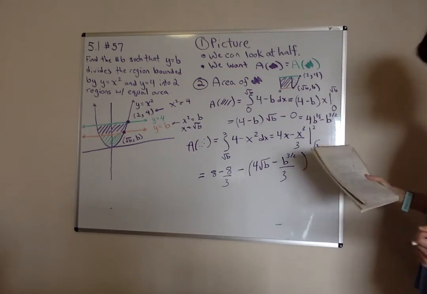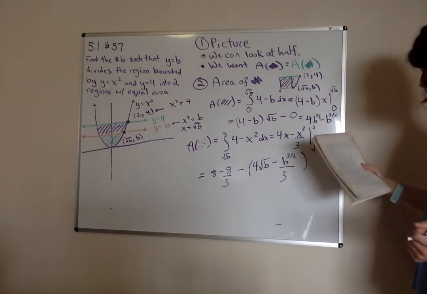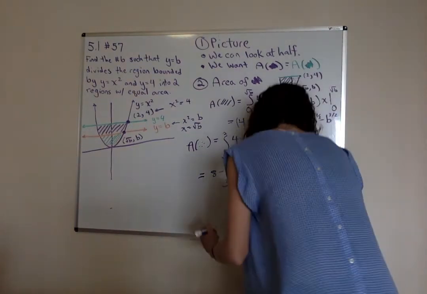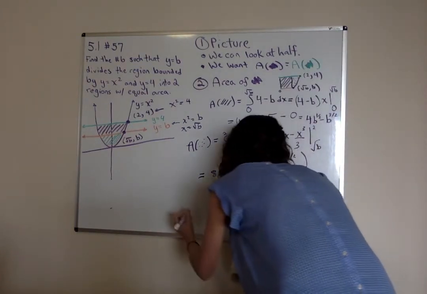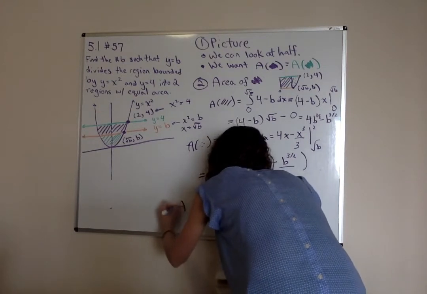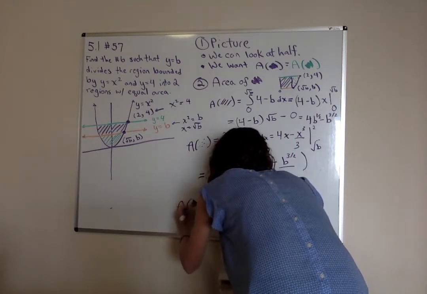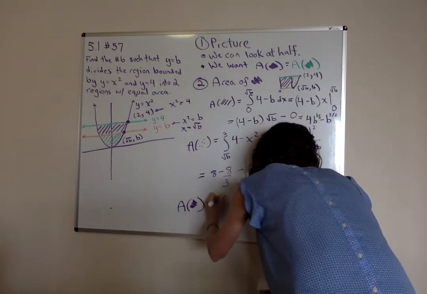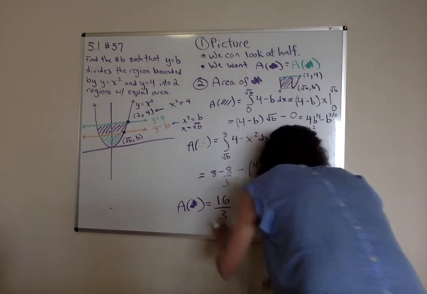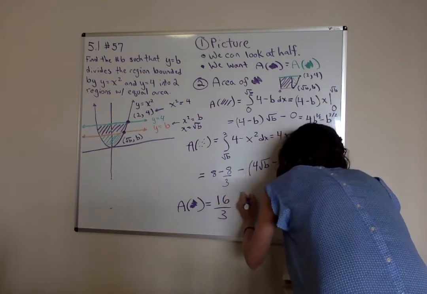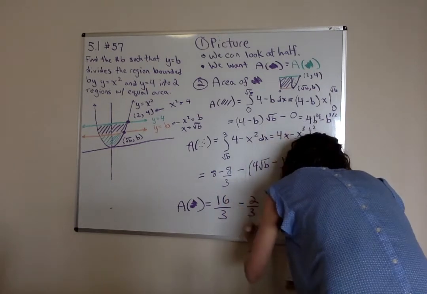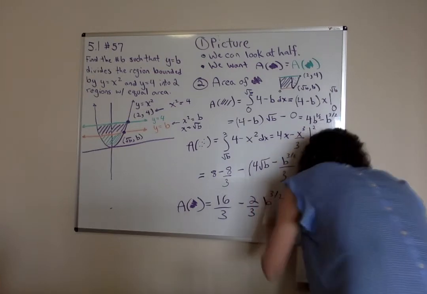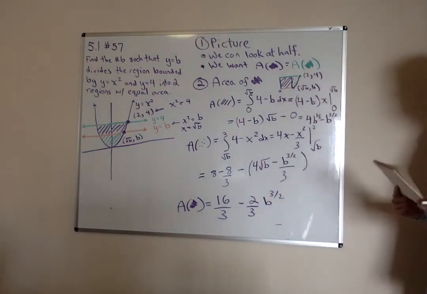If I add those two things together, I should get for the area of the purple region 16/3 minus 2/3 b to the 3 halves.